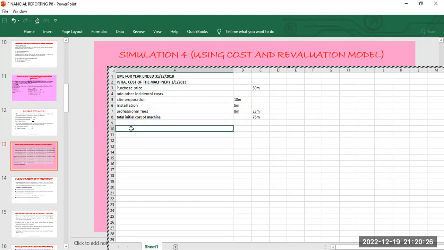So if that was the cost, then we go into what the question wants us to have. Roman one wanted us to use the cost model and see what we are going to be having at the end, which is 31st December 2018.